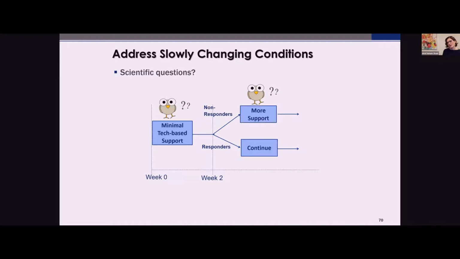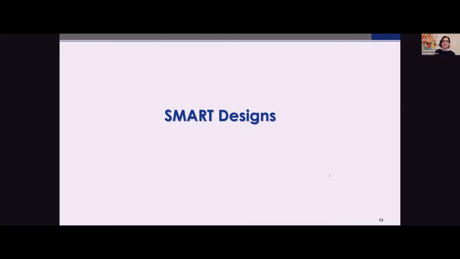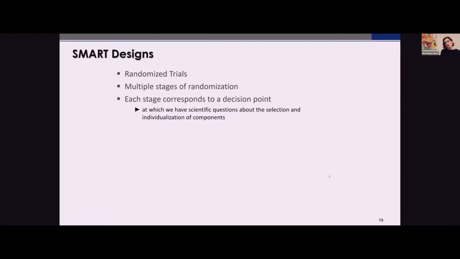All right, so this is all nice and easy, but remember, we still have scientific questions about the selection of components and their timing. So here the answer to question number 5 is slowly, which leads us to consider a SMART. All right, so what is a SMART? A SMART is just a randomized trial, but it's special because it includes multiple stages of randomizations.